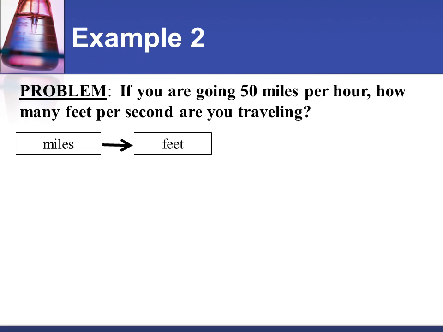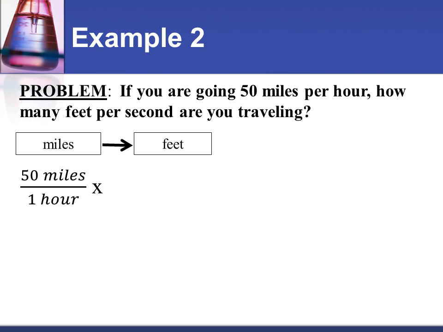So in my given, I'm going to set up 50 miles over 1 hour, which stands for 50 miles per hour. I'm going to convert miles to feet by using the equivalent statement. 1 mile equals 5,280 feet.